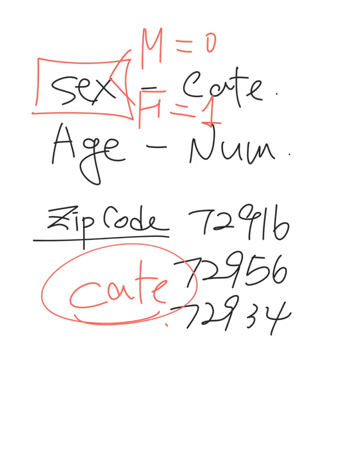We just assign 0, 1, or the other way, 1 or 0, or sometimes -1 and +1. It doesn't matter because sex is actually a categorical variable. But for some convenience, we just assign the numbers. So it's not always numbers. Sometimes it might be categorical.